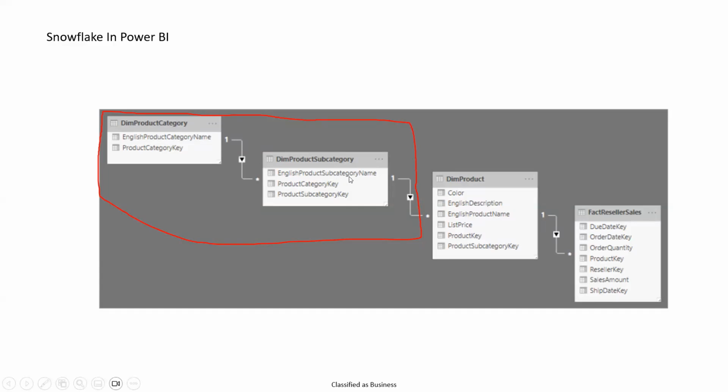The English product subcategory name provides additional data based on the common column: product subcategory key matches product subcategory key. Like that, dimension product category matches here, product category key. So it's a kind of hierarchy, and we will call it a snowflake.